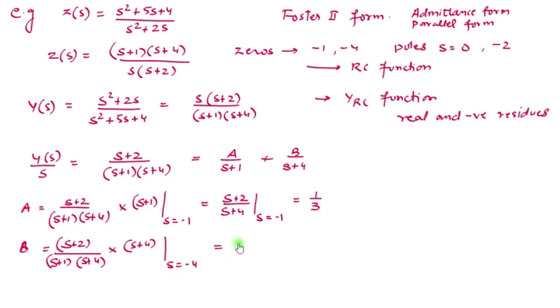I will get (s+2)/(s+1), and after substituting s equal to minus 4, I will get minus 2 divided by minus 3, and further solving I will get 2/3. So now I have the values of A and B. I can substitute these values here.